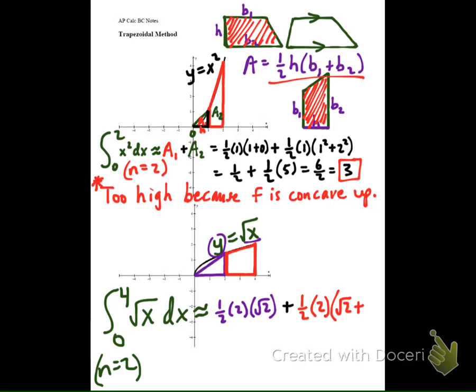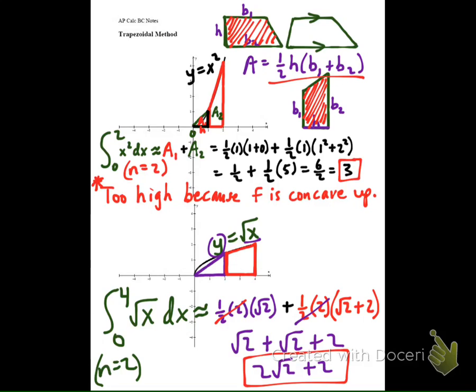And then the other base, I should say, base 1 is radical 2, base 2 is radical 4, which is 2. 2 goes into 2 one time. 2 divided by 2 is 1. And then we have radical 2 plus, and then these 2's cancel, and we get plus radical 2 plus 2. So we get 2 radical 2 plus 2, which is our end result. That is our approximate value of that integral.